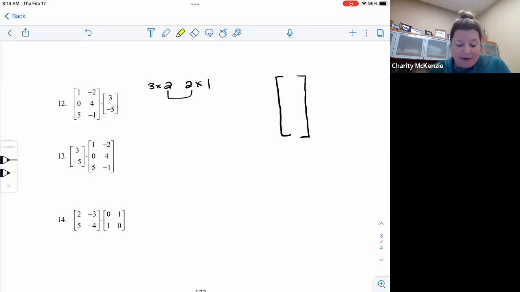So we start here, first row, first column, right? And we'll multiply that. 1 times 3 plus -2 times -5. So that's going to give me 3 plus, it's a negative times a negative, so it's positive 10. So I get 13. Okay, next one.